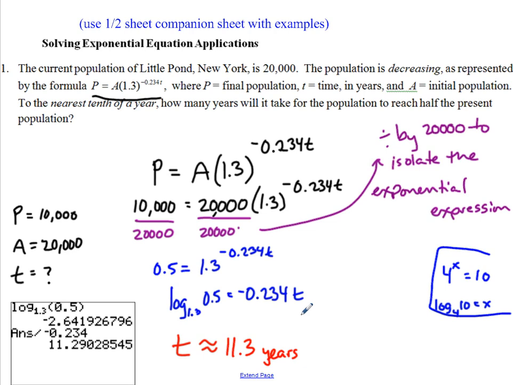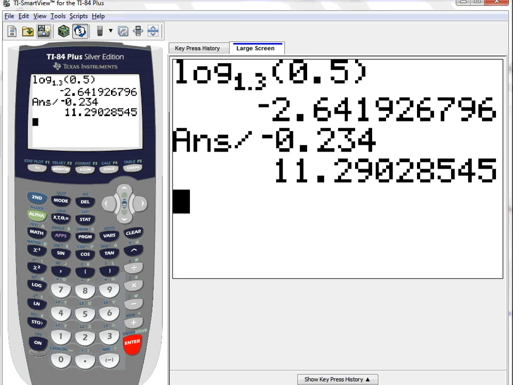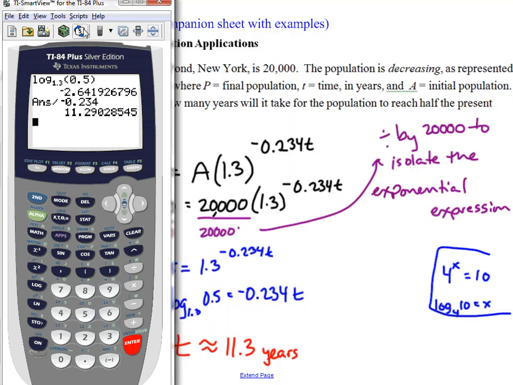We'll go back to our original equation and test it out. I'm going to raise 20,000 times 1.3. I'm going to sub in that for the years, see if it works. All right, so clear out.